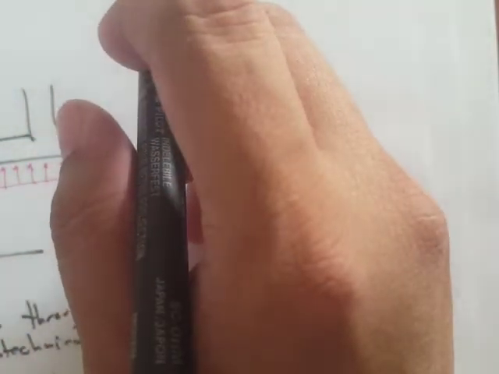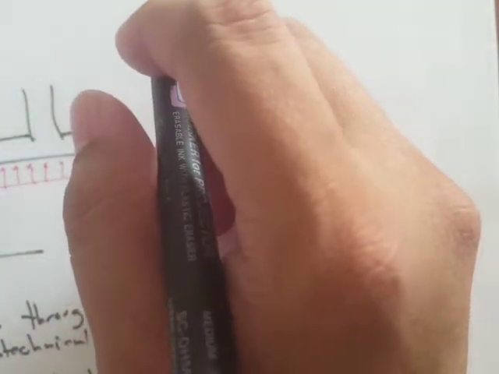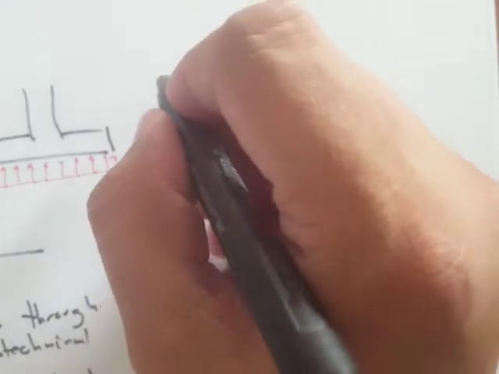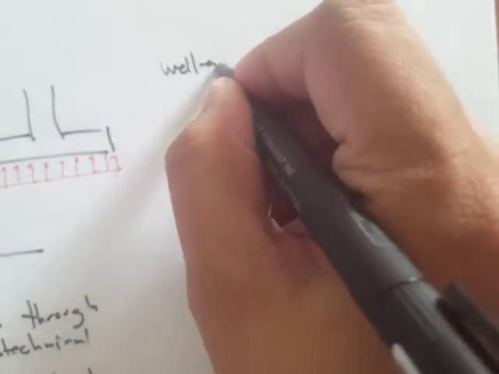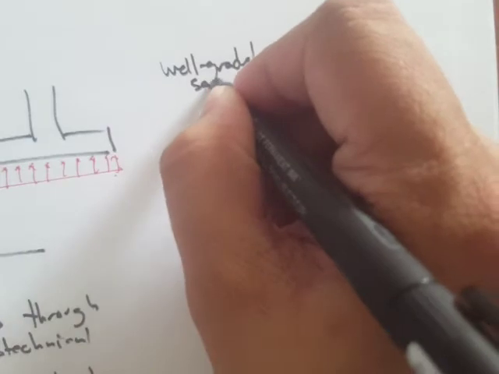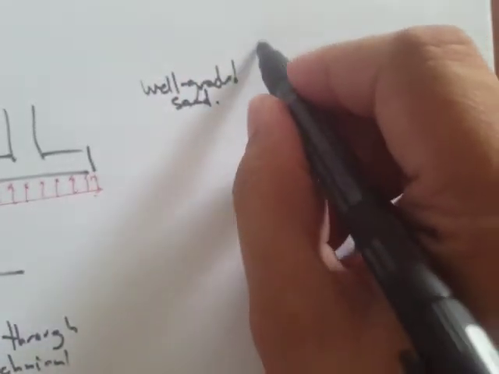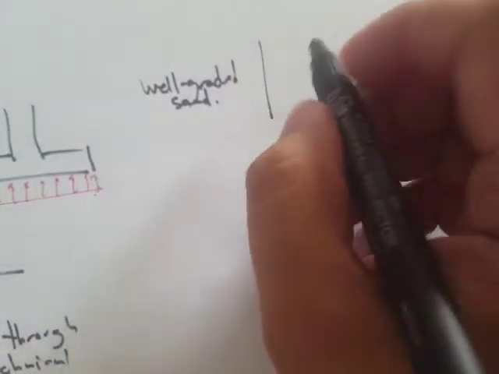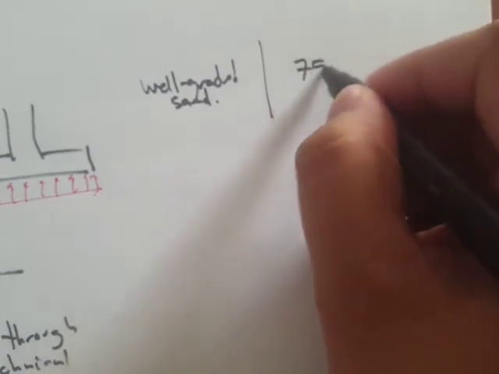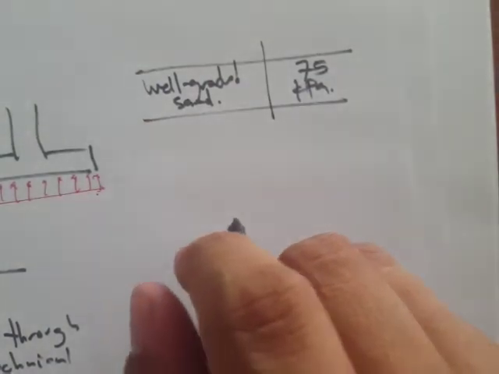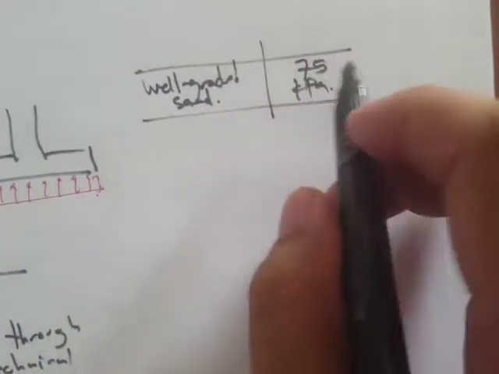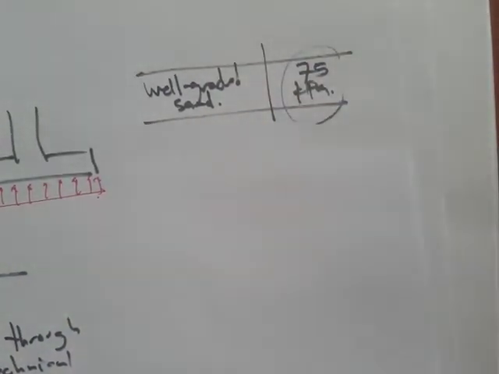For example, in the NSCP, for well-graded sand, the allowable foundation pressure is 75 kPa. And there are also other details where you can find that.